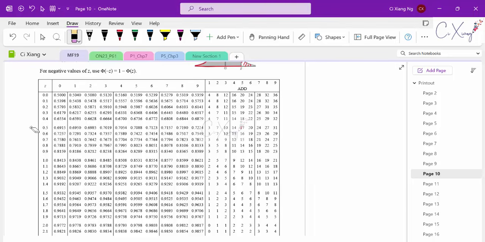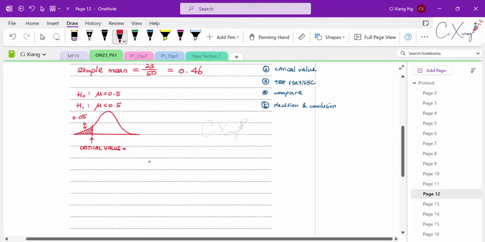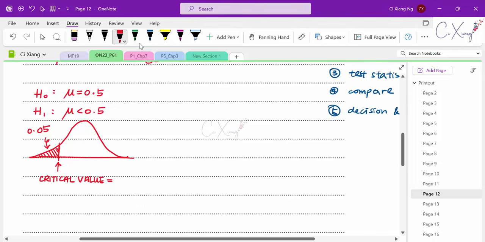The probability is basically all the values inside here. You can see that among all the probabilities here, there is no 0.05. Therefore, to find the value of Z, you actually have to use the larger value that is complementary to it. So this large area should be 0.95, because 0.95 plus 0.05 equals 1. So instead of using 0.05 to find the value of Z, I have to use 0.95.